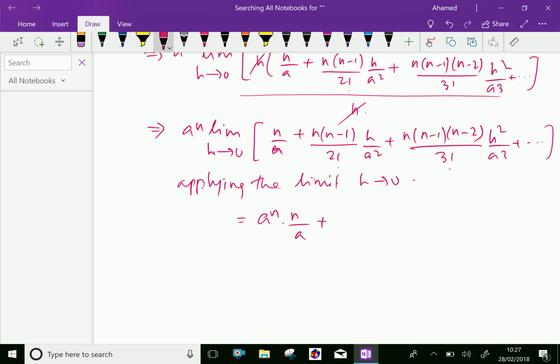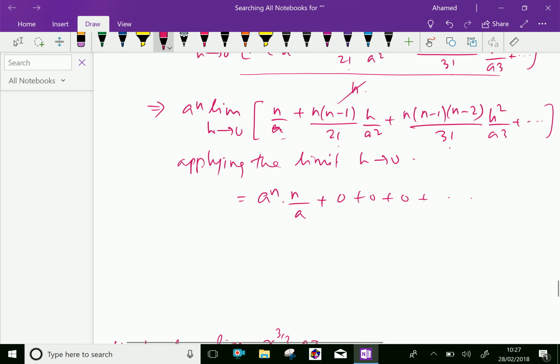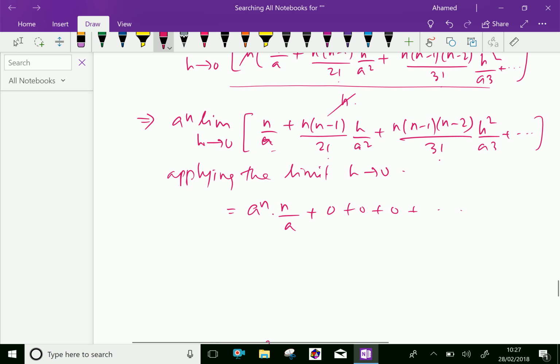Everything except n by a has h, so those terms become zero. Therefore a^n into n over a is n times a^(n minus 1).